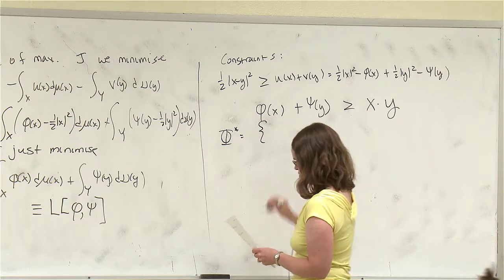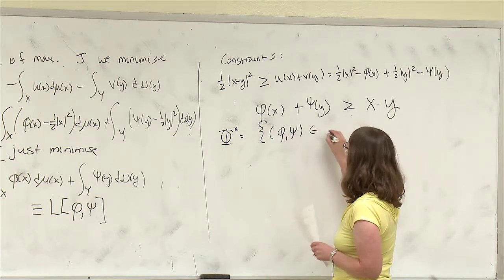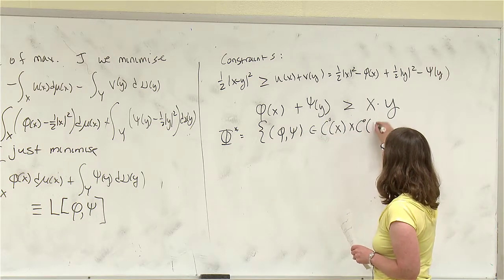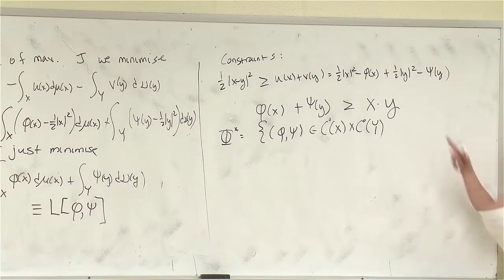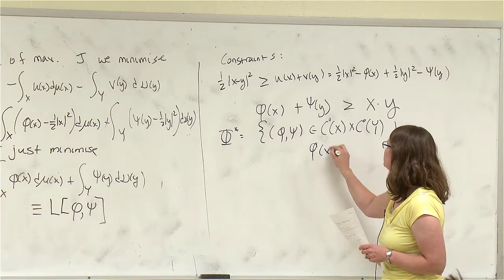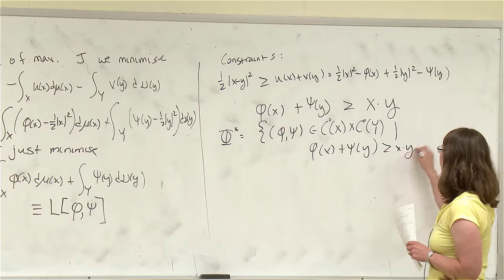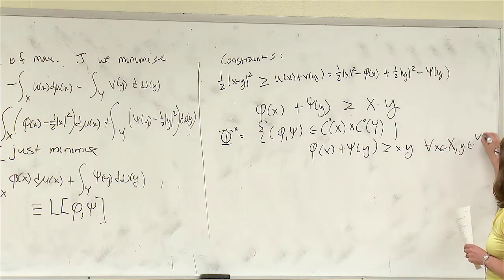And this is going to be the set of all phi and psi that are continuous functions and that satisfy this constraint, such that phi plus psi is bigger than x dot y for all x and y.